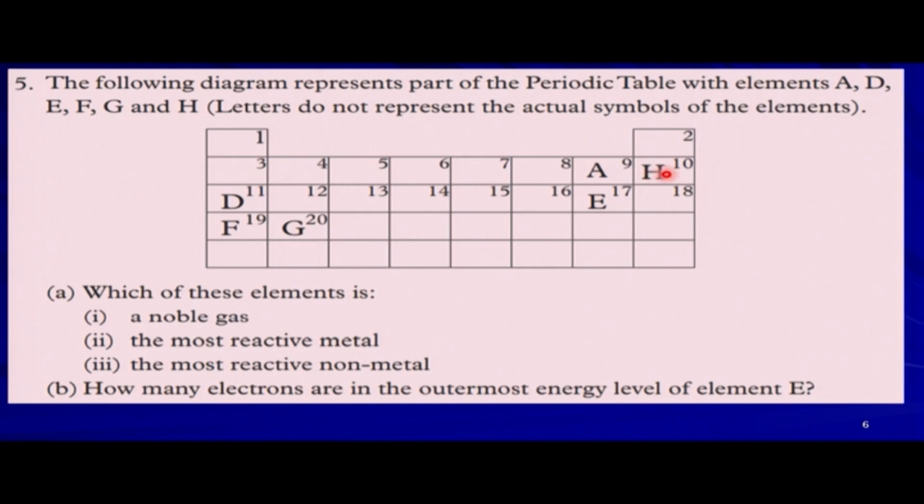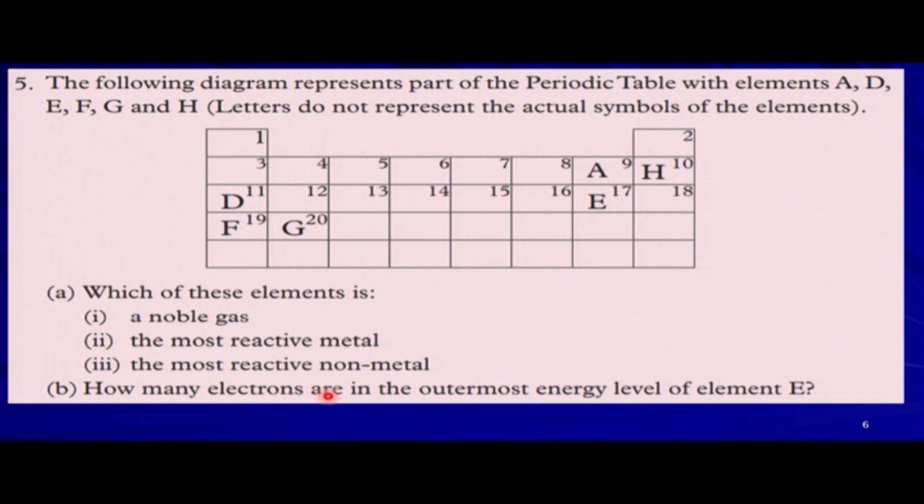So they are considered to be inert, non-reactive. And the halogens are very reactive, and we know that in the nonmetals, reactivity decreases down the group. So A is more reactive than E. And among the 3, the most reactive nonmetal is A.